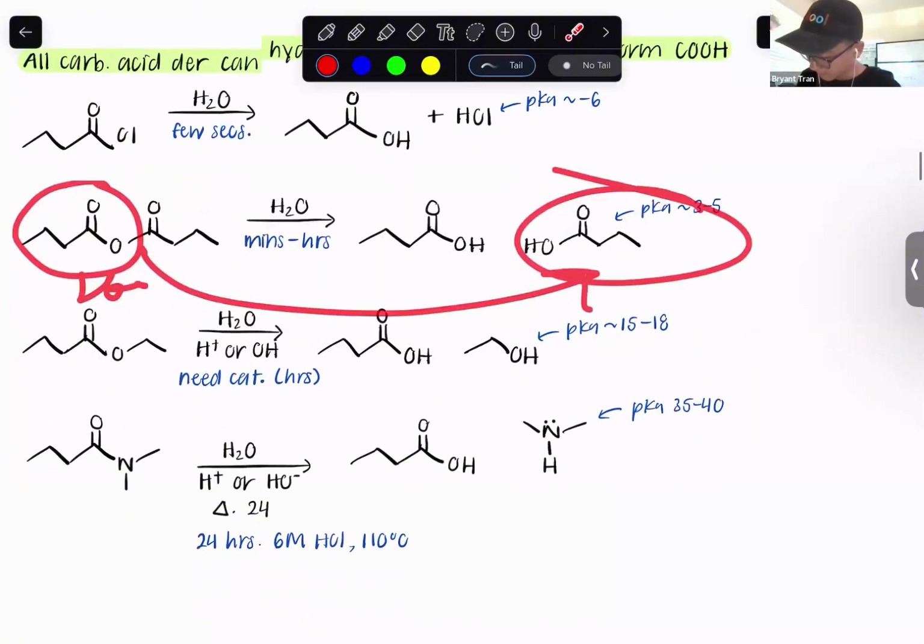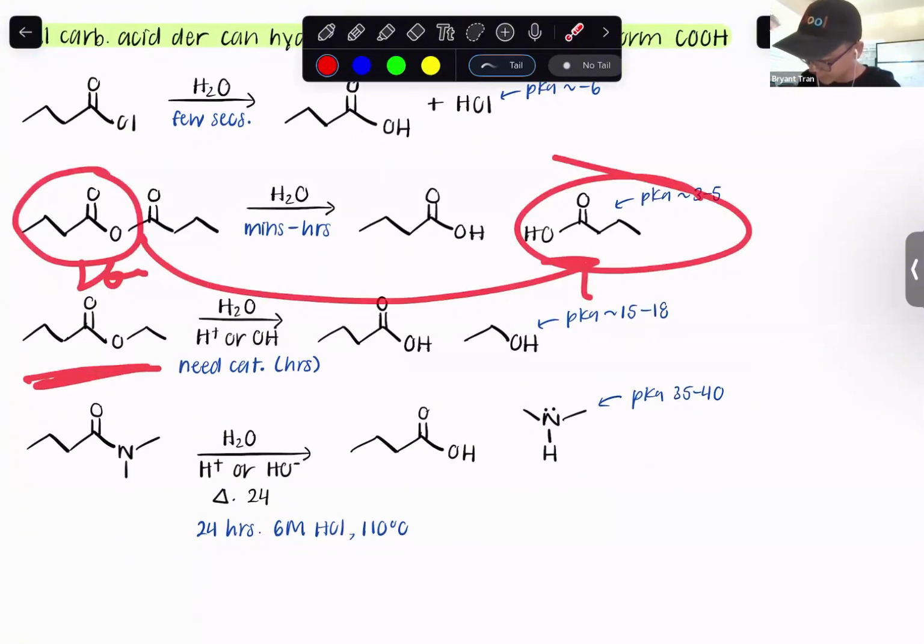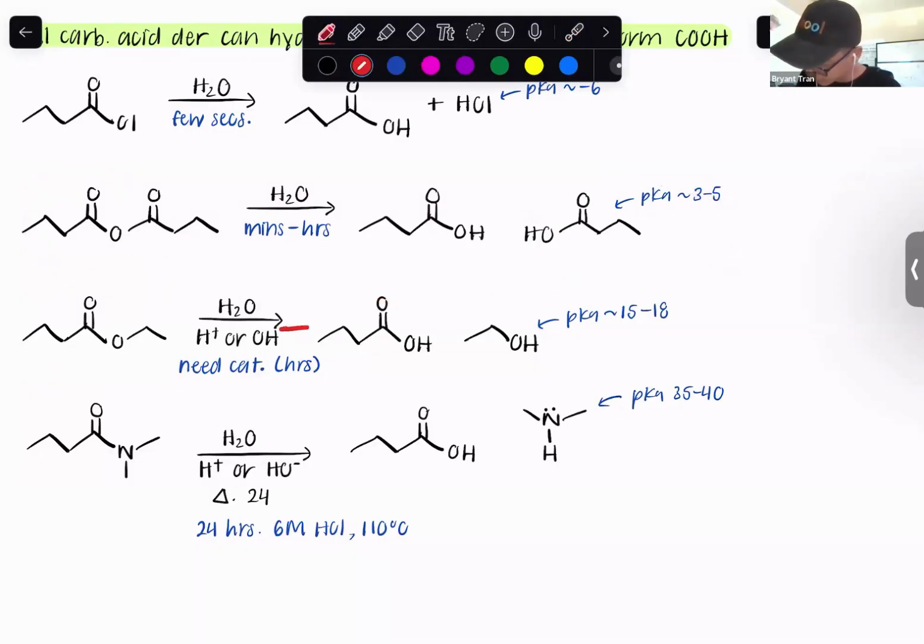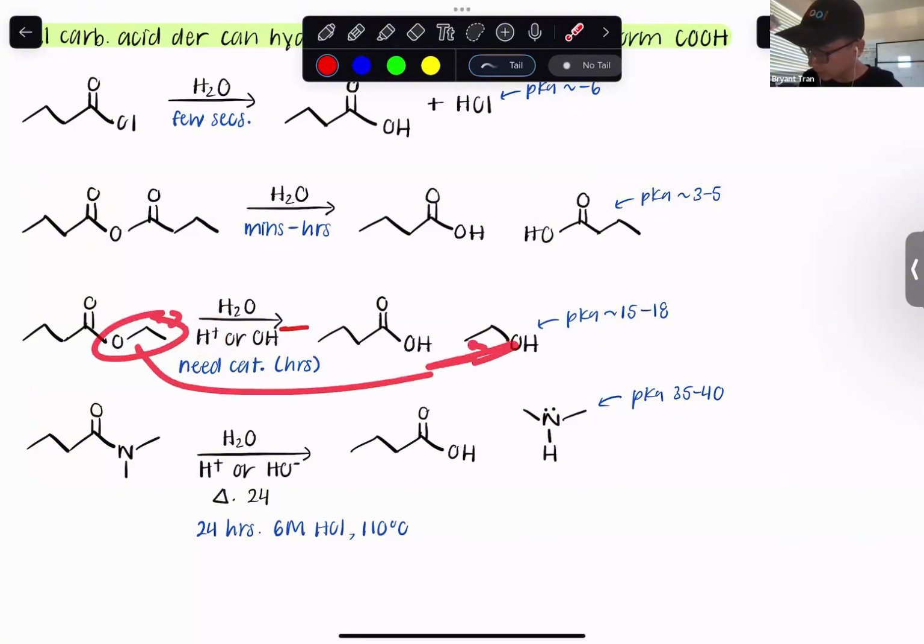Okay. Now, if you use an ester, you're going to use water with some sort of acid or base catalyst. It could be acid or base catalyst. If you use an acid catalyst, you're going to get the neutral carboxylic acid with this alcohol as the leaving group right there.